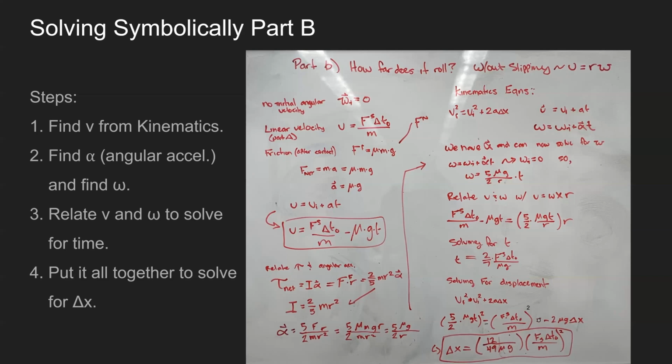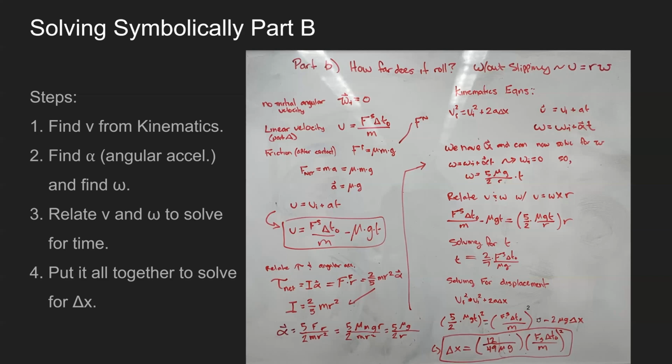Since theta in this case is 90 degrees, sine of theta equals 1, we can neglect sine of theta. So we get the force of the strike times the change in time over m, minus mu g t, is equal to 5 mu g t over 2r all times r. Through some more algebra manipulation, we get t is equal to 2 times the force of the strike times the change in t over 7 mu g.